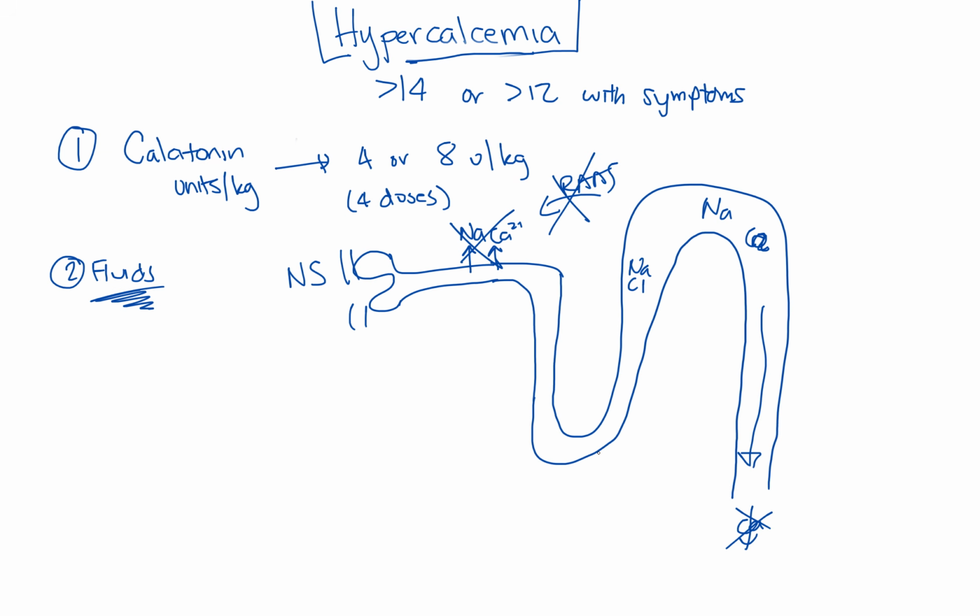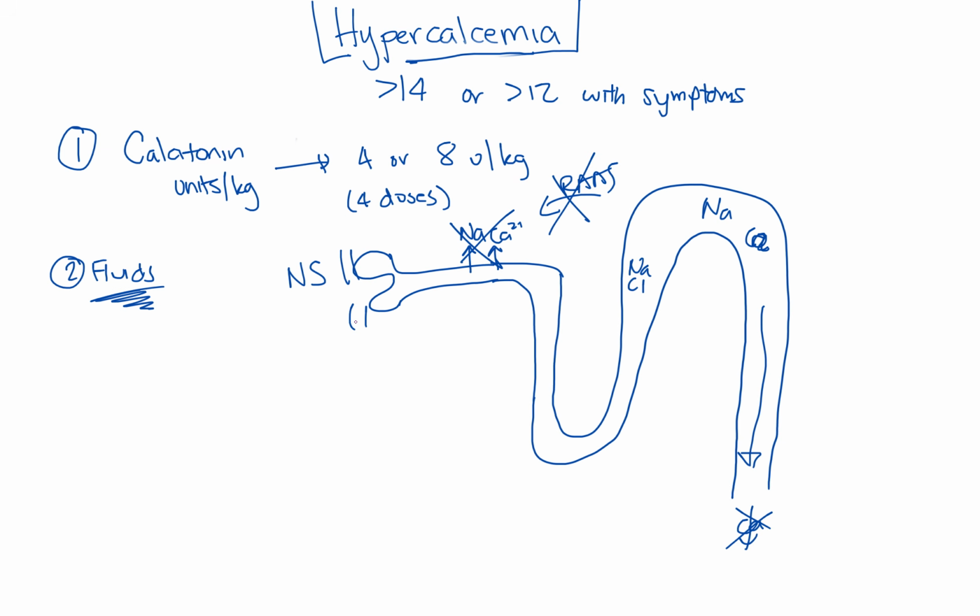Now, a lot of people use LR. You're not going to be wrong. Remember, the key is shutting off RAS. LR is going to do that. My thought process is it's just not the cleanest way of doing it. Why do I say that? LR has calcium in it. It's a very tiny amount of calcium. But still, if you're going to be sort of perfect with your intervention, to me it seems like sodium chloride, normal saline, is the best way of shutting off RAS in this instance.